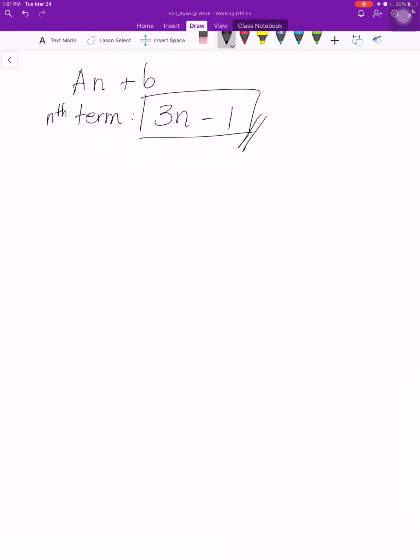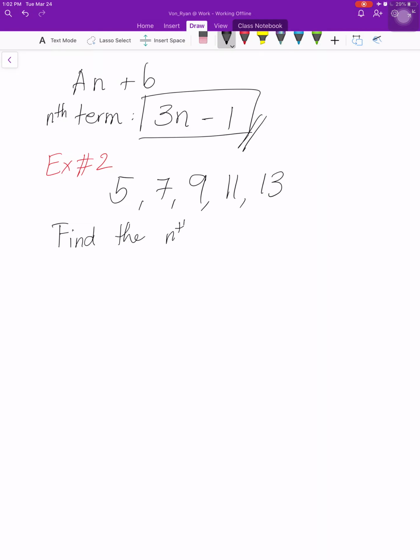Once again, feel free to pause the video so you can write notes. Now let's try another example. Let's look at the sequence 5, 7, 9, 11, and 13. Find the nth term.